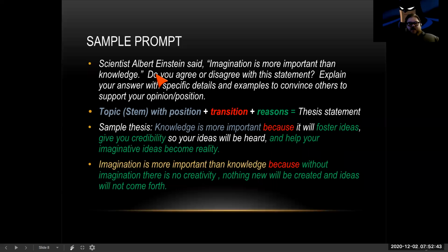And I'm going to say disagree here. I'm going to say that actually knowledge is more important. So we're going to start with our topic stem, with our position, which is to say that knowledge is more important than imagination. I've got to insert my magic transition word, and then I have to add my reasons. Okay, that's my thesis.